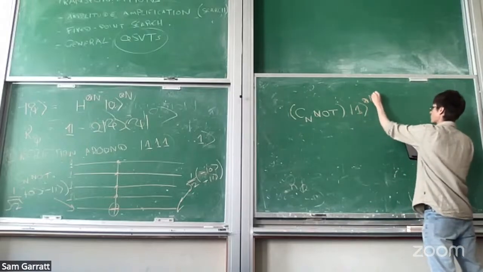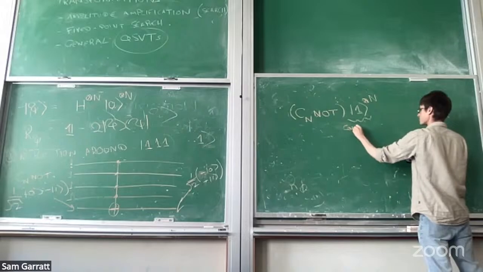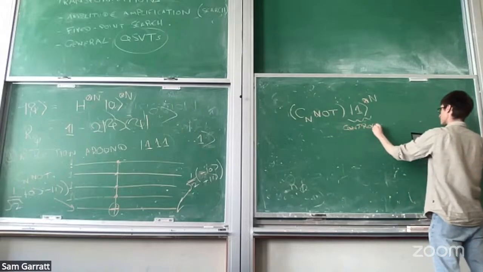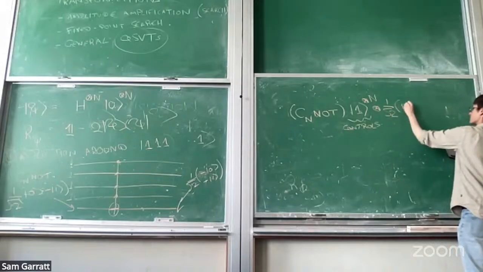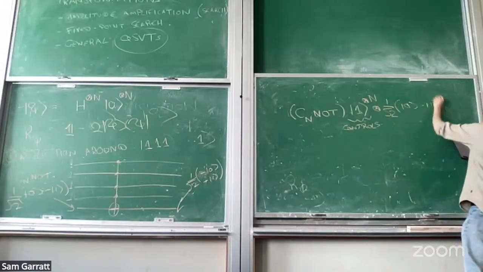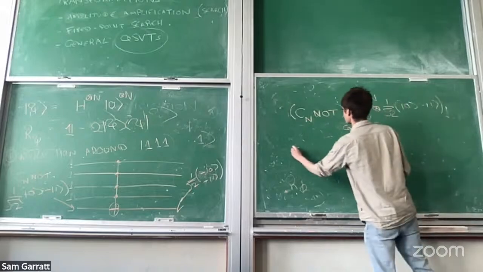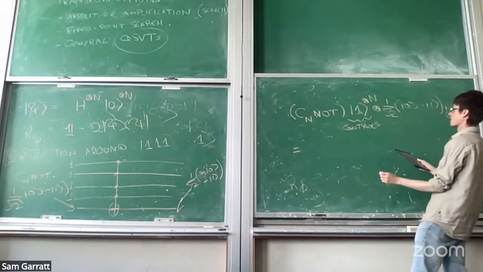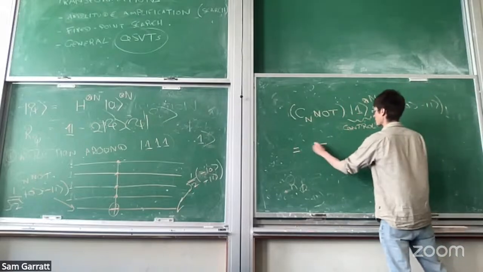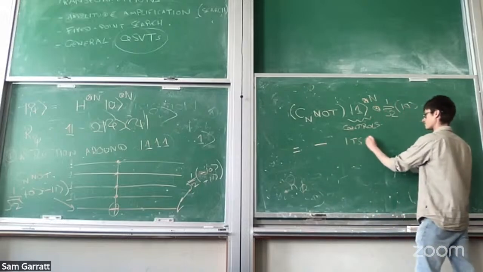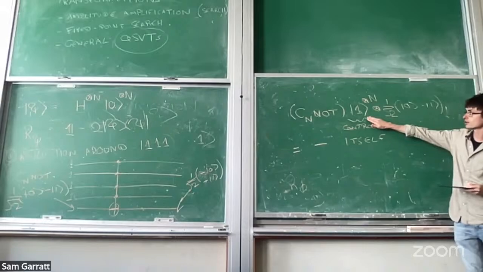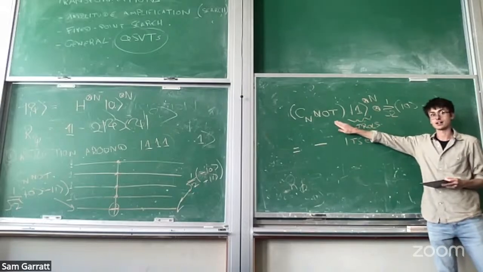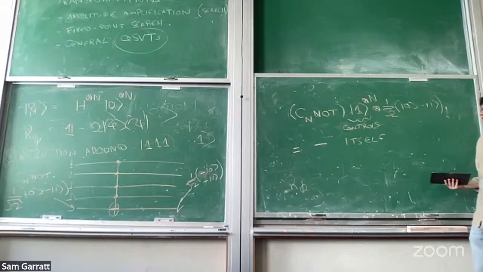These are my controls, tensor product with 0 minus 1. What I'm going to end up with is an overall flip. So this just turns into minus itself. If these control qubits were in any state except for all one, the Cn naught would do nothing. And in that case, I would find a plus sign.